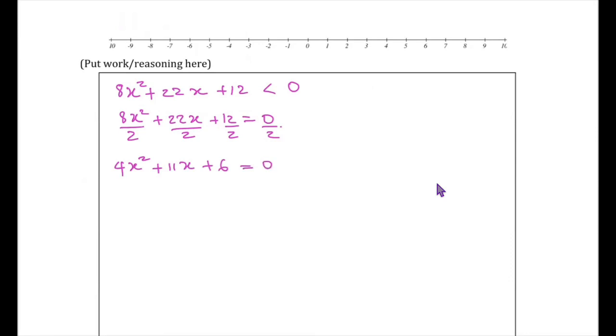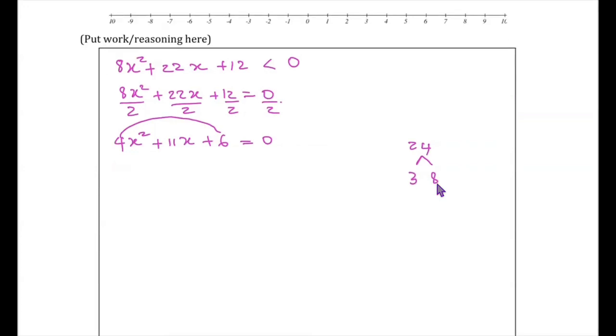We're going to solve this. We can multiply 4 and 6, that's 24. We need two factors of 24 that the sum is 11. So that's 8 and 3. So the sum is 11.